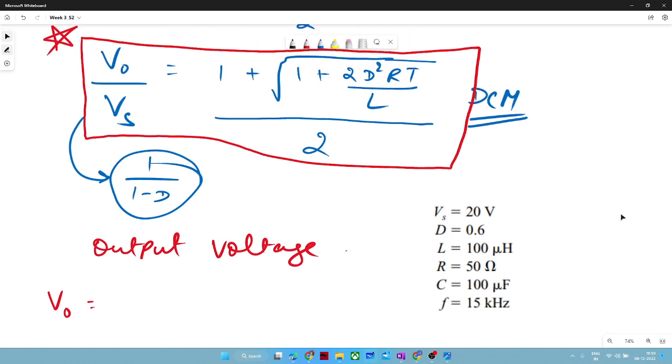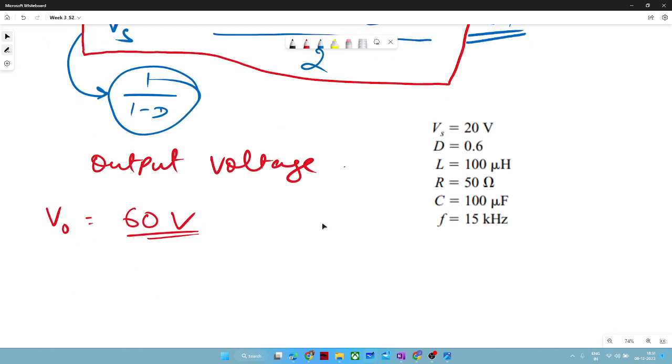I am not solving it here because it is very straightforward and will just consume time, so you can find it yourself. You will get 60 volt. You just verify it. And you can see the Daniel Hart book; there also you will get the same problem. I am not making anything up, it is already given. I am just simplifying the concept here.